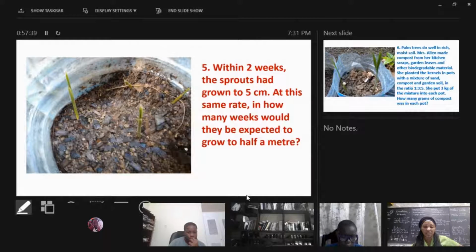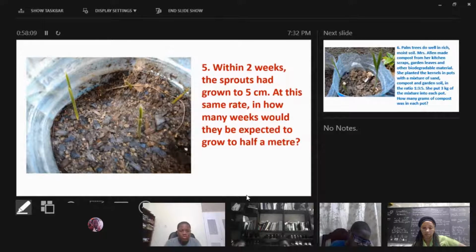At the same rate, in how many weeks would they be expected to get to half a meter? Miss, in 2 weeks it goes to 5. Miss, but for half a meter, you have to reach the 500 centimeters.